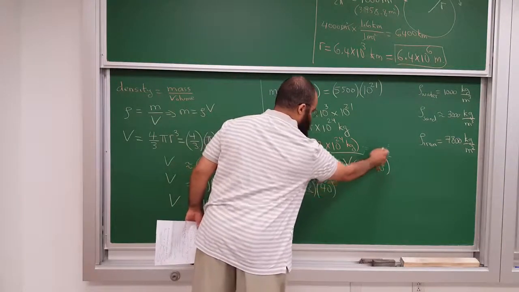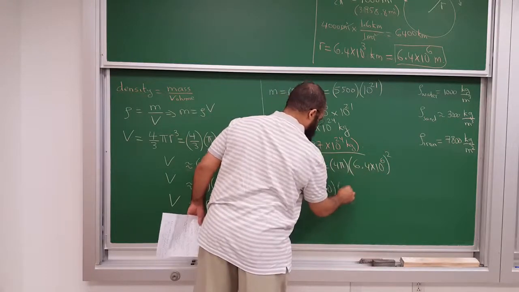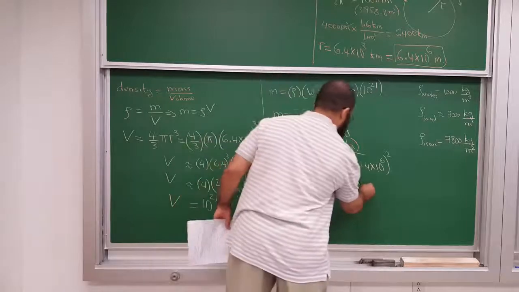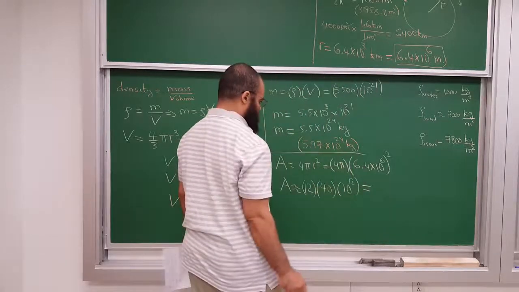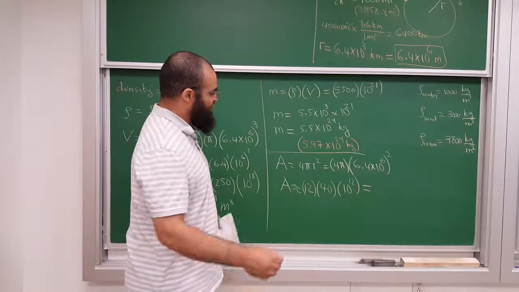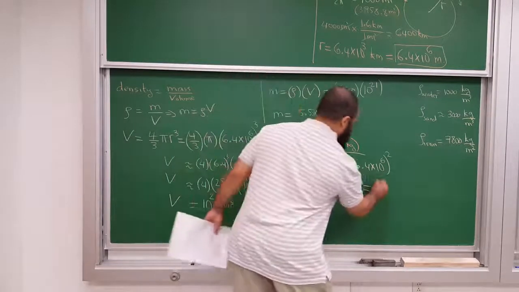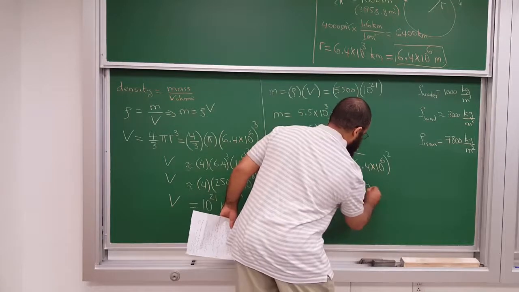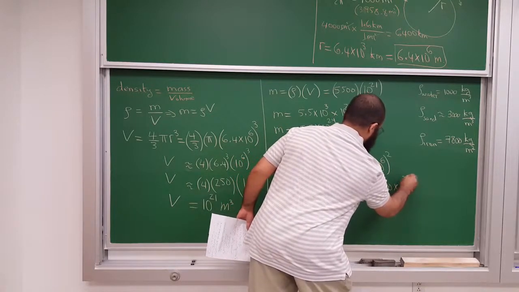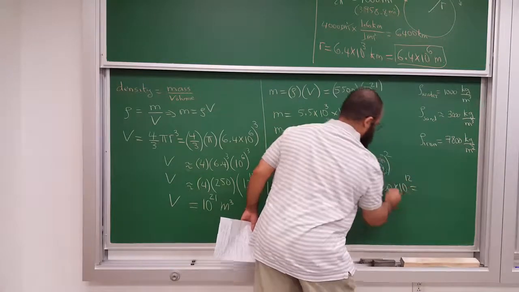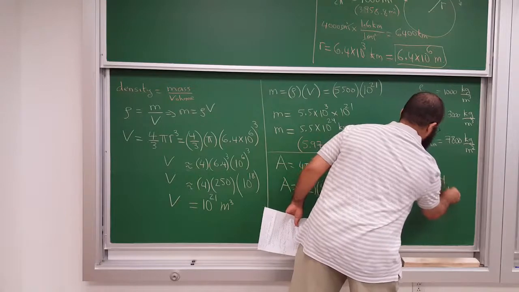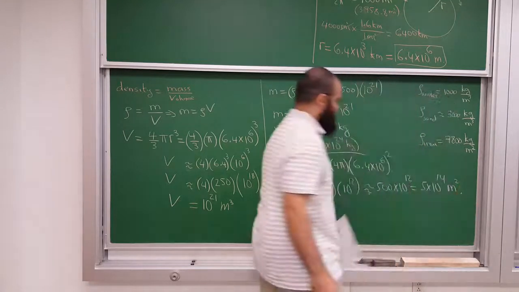And then 10 to the 6 squared is 10 to the 12th. Let's multiply these. 12 times 40 is 480, that's about 500. So 500 times 10 to the 12, and that's about 5 times 10 to the 14 square meters.